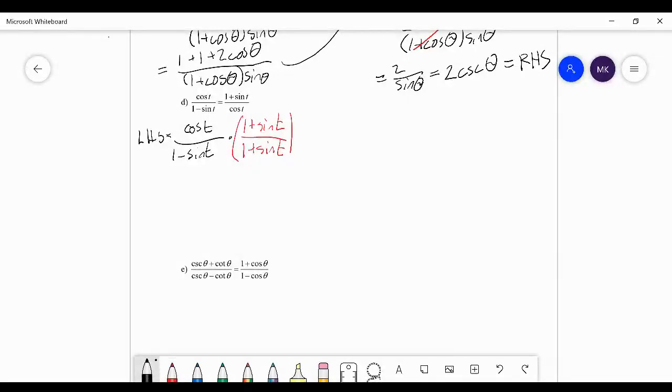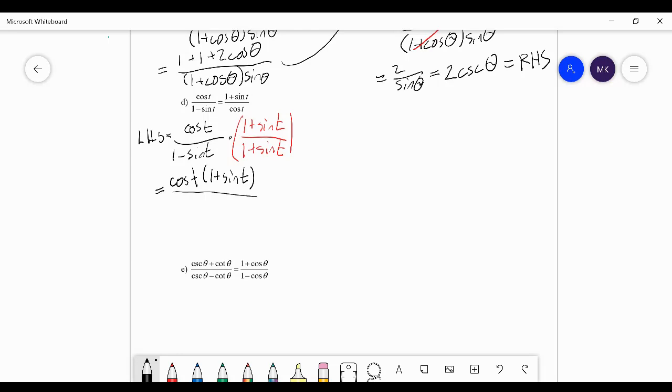But what this does for me, in my numerator, I end up with cosine of t times 1 plus sine of t. What that does for me, which is really nice, is, look, that is the numerator of the right-hand side that I want. It's that 1 plus sine of t. Now what happens if I do 1 minus sine of t times 1 plus sine of t?